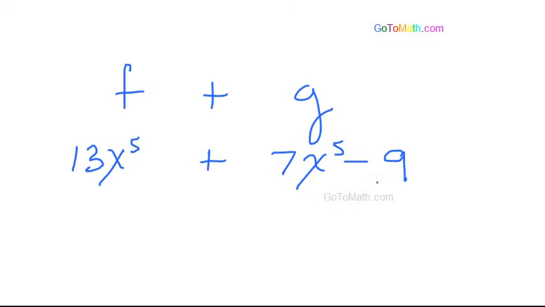Okay, so we have two terms raised to the fifth. These are like terms, and we can go ahead and add their coefficients. What's that going to give us? 20x to the fifth, and then, of course, minus 9. 20x to the fifth minus 9.